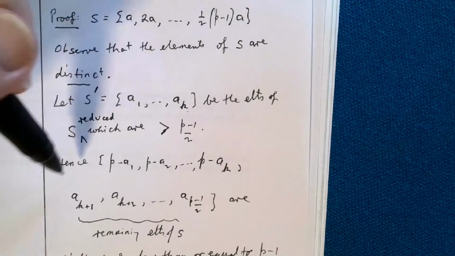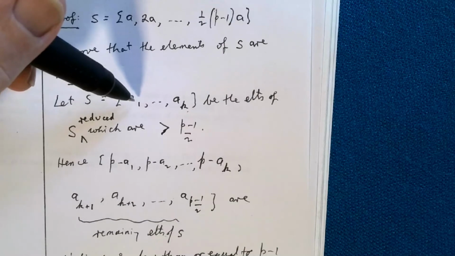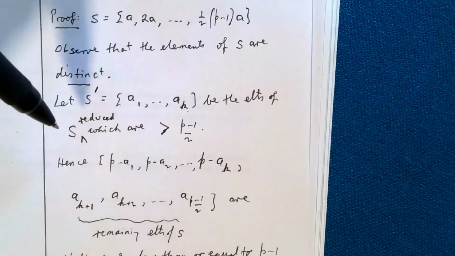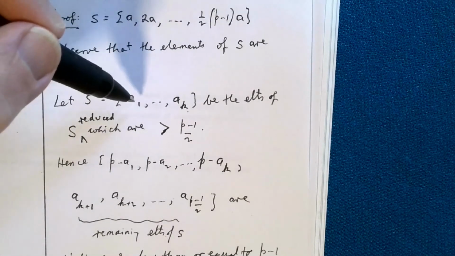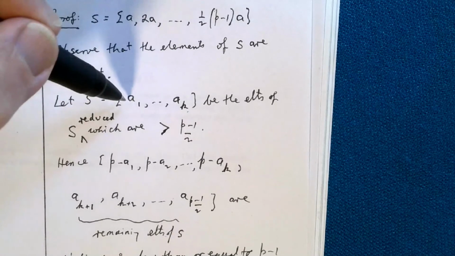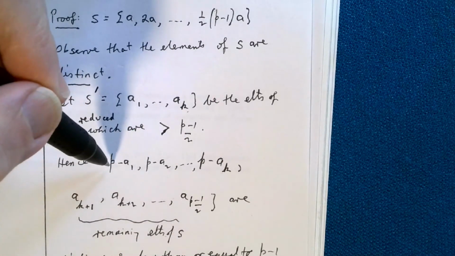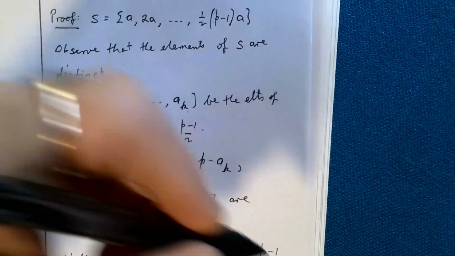Okay, so what I'm going to do is I'm going to take p minus each one of these. So these numbers are all bigger than (p minus 1)/2. So I take p minus all of these numbers, and that means these numbers are going to be less than or equal to (p minus 1)/2.